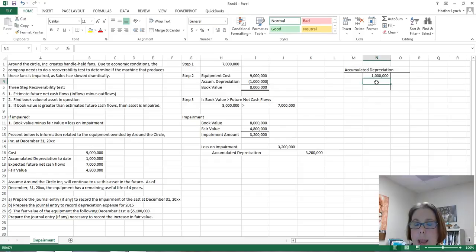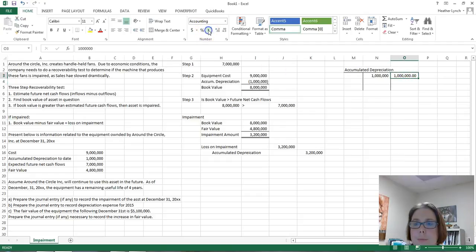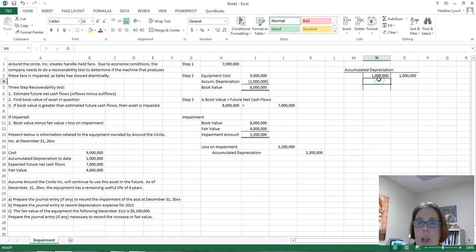We added $3.2 million, so that brings us up to $4.2 million. Now, remember the cost was $9 million.